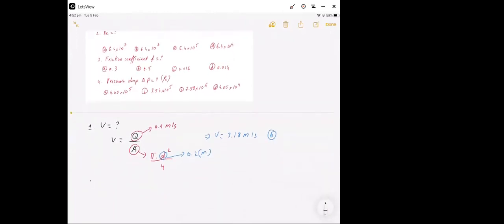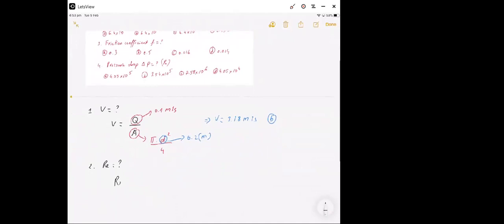Question 2, Reynolds number. Reynolds number is rho V D over mu, with rho 1000 kilogram per meter cube, water constant. Velocity 3.18 meters per second from question 1.